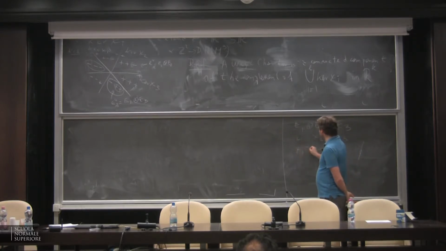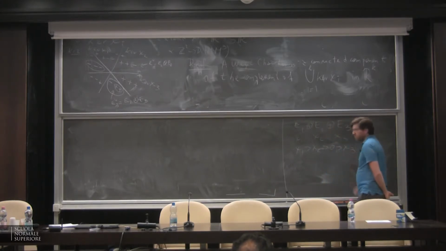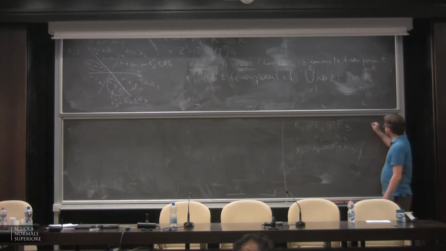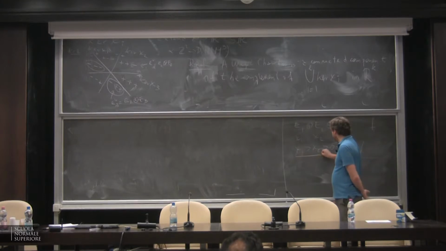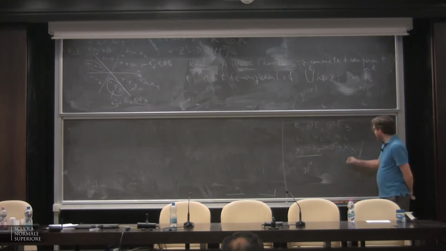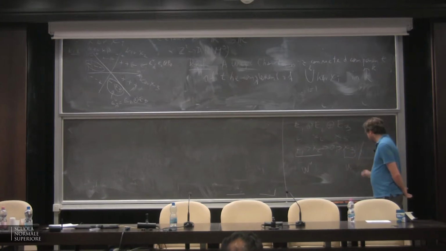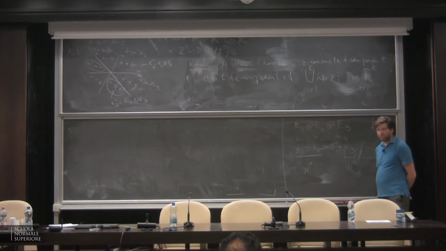Assume chi1 is larger than chi2. Pesin theory tells you that there is an unstable manifold associated to these two directions, and there is a stable manifold associated to this direction.